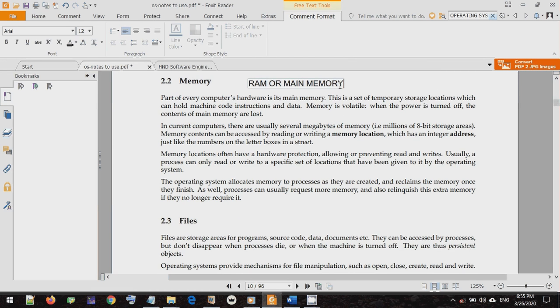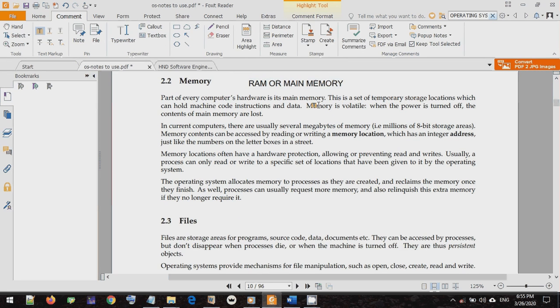The main memory is a temporal storage medium in the computer that stores the data and instructions of a program during execution. What do I mean? When we say it is a temporal storage, it means that once there is no power, its content is lost. It is volatile, right? Let's say we're executing a program, and then the light goes off. What is stored is going to be lost because it is volatile.